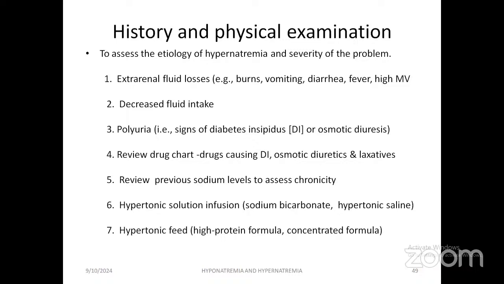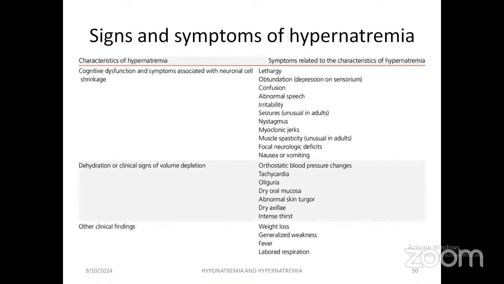We have to review the drug chart for drugs causing diabetes insipidus, osmotic diuresis, or osmotic laxatives. We have to review previous sodium levels to assess chronicity. And we have to look if there is any hypertonic solute infusion like hypertonic saline or sodium bicarbonate. Hypertonic feeds also should be taken care of if we are giving any high protein or concentrated formulas.